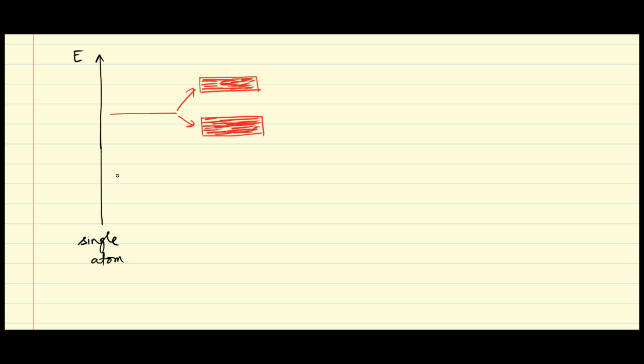Now you can imagine that in the single atom there was another energy level which was somewhere over here below the red one, and imagine that this energy level also has split into two bands. Well, the simplest thing to draw would have been this. When the crystal forms, the wave functions overlap and you get energy bands like that.